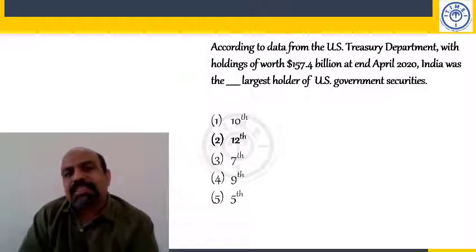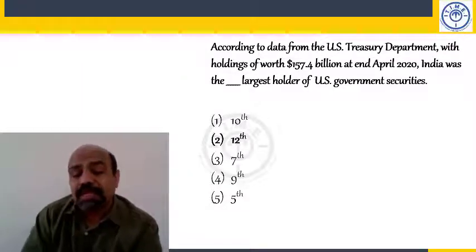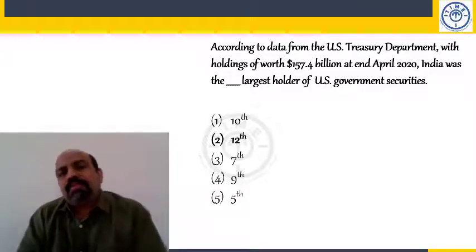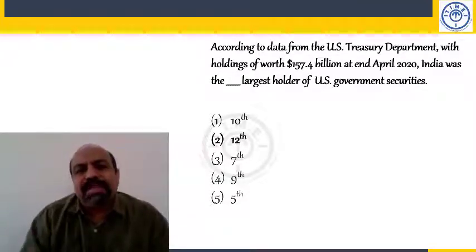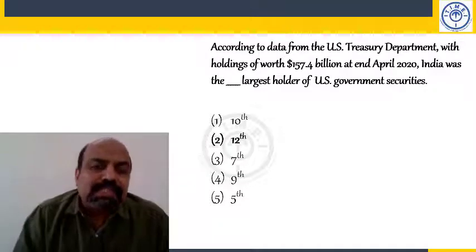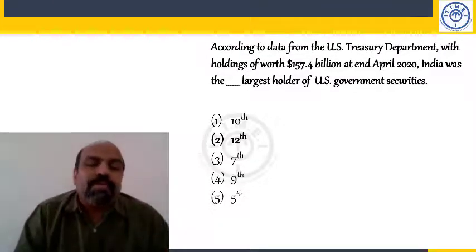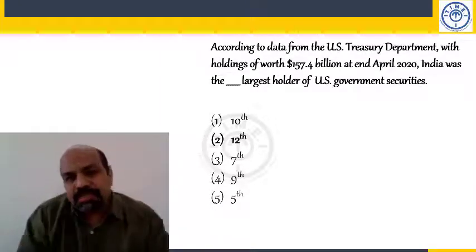It is 6765, but I just rounded it off. Or you can take 6767. $6,767 billion is the total borrowing of the American government through these securities.